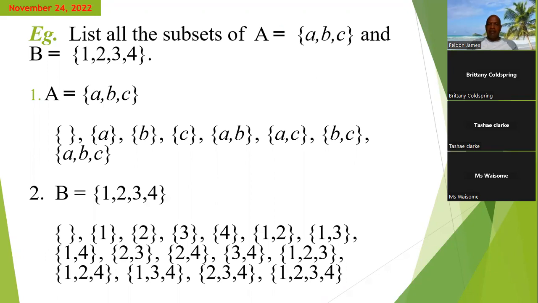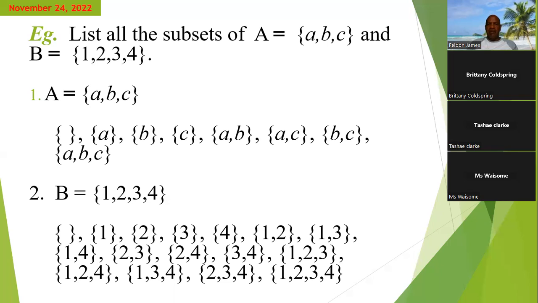All right, with that said, can you think of a formula to determine how many subsets you would have? Here you have 3 members, you have 8. If you have 4 members, you have 16. And if you have 5 members, you're going to have 32.